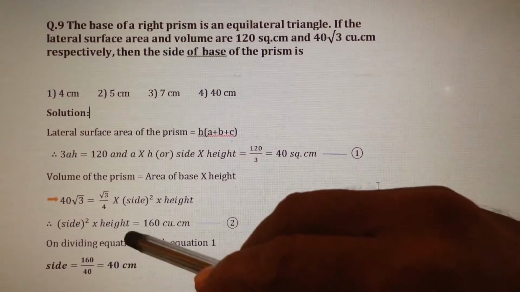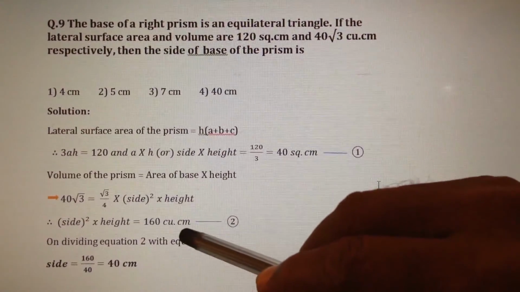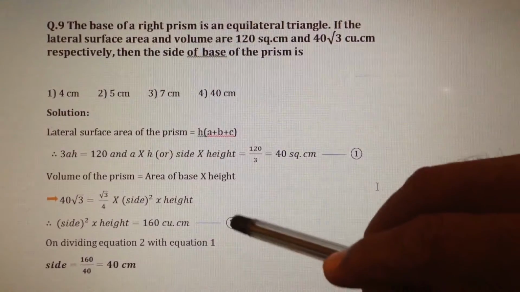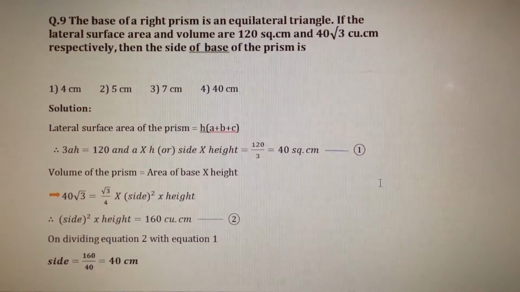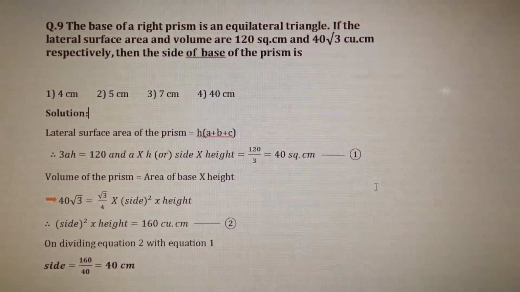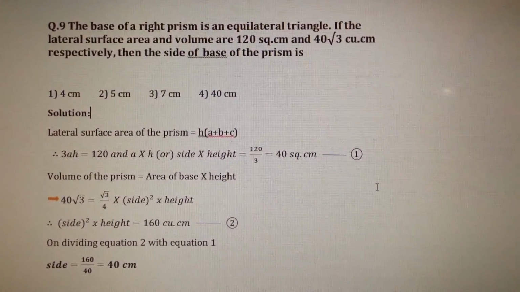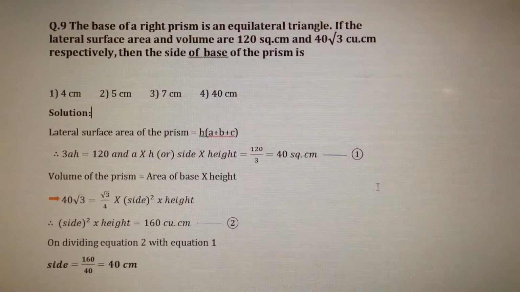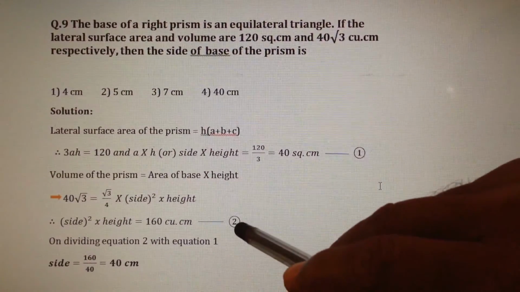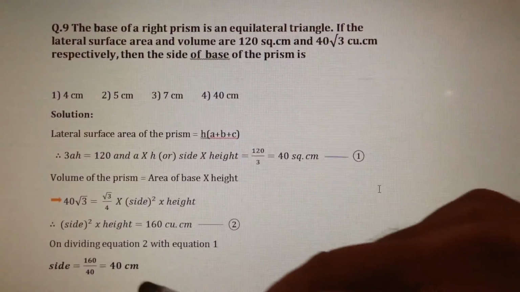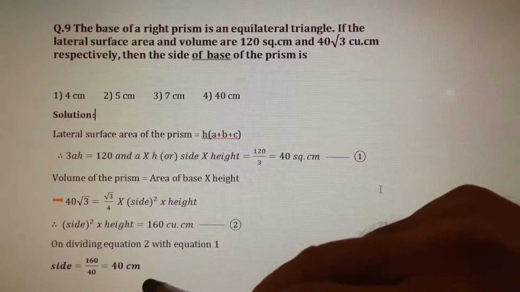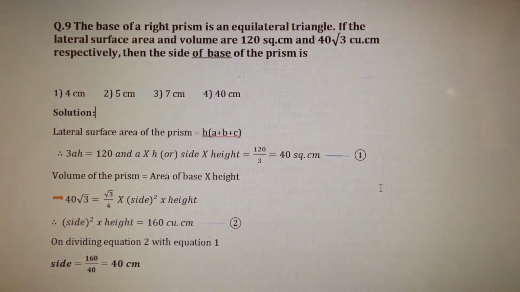So, side square into height is equal to 160 cubic centimeters. This is equation number 2. Now, if you divide this equation with this equation, we will get the side of the base. Let us divide 2 with 1. Therefore, side is equal to 160 by 40, which is equal to 40 centimeters.